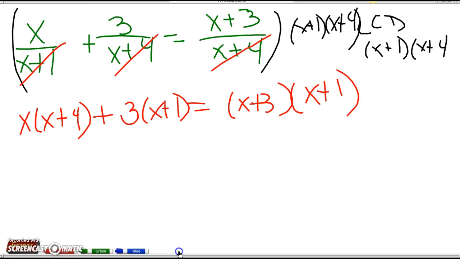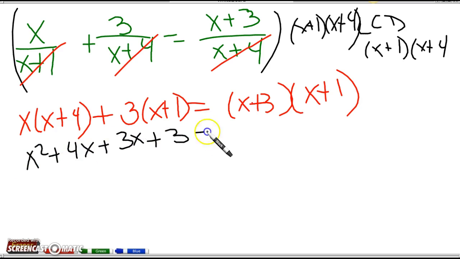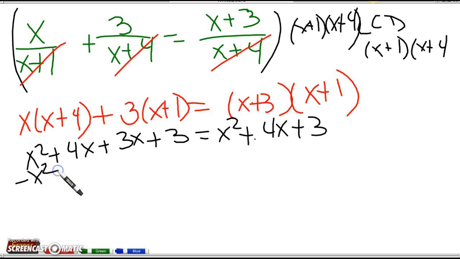So I multiply, I distribute, I get x squared plus 4x plus 3x plus 3 equals x squared plus 4x plus 3. I went ahead and multiplied everything, added everything as well. So now everything needs to go to one side of the equation. Subtract x squared.